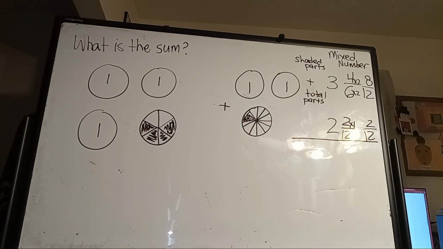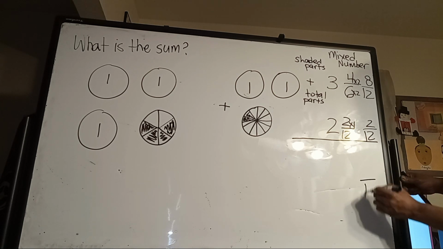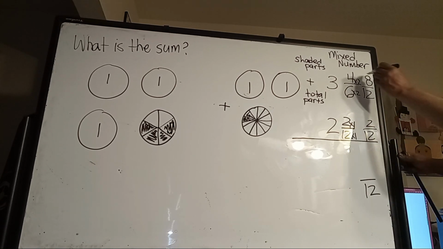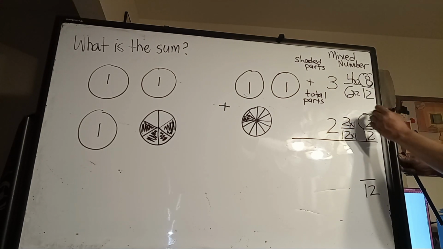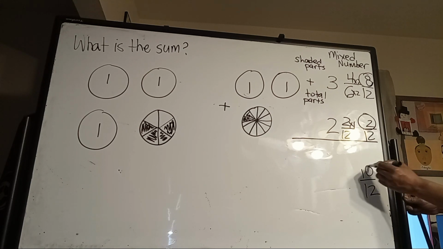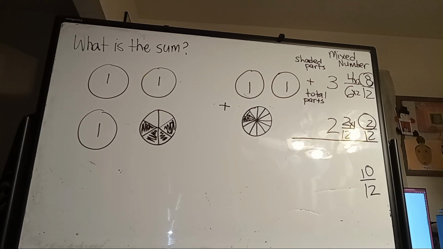Now we have same denominators, so we can go ahead and add. We're going to write our denominator of 12 that we just came up with. We're going to circle our numerator, which gives us our number sentence of 8 plus 2, which is how much? 10. Exactly. So now we have our answer of 10 over 12.